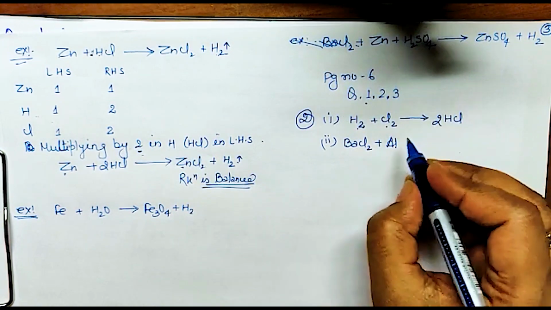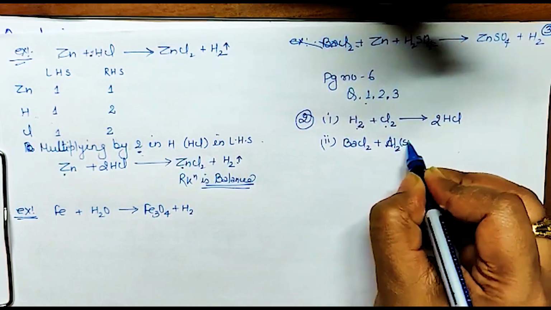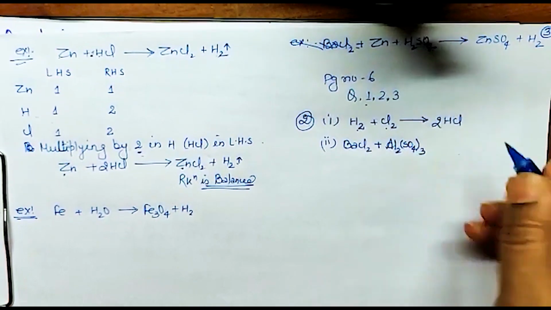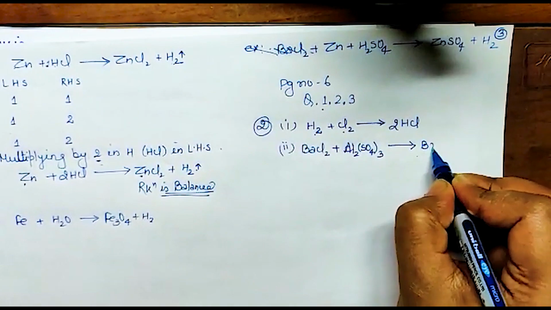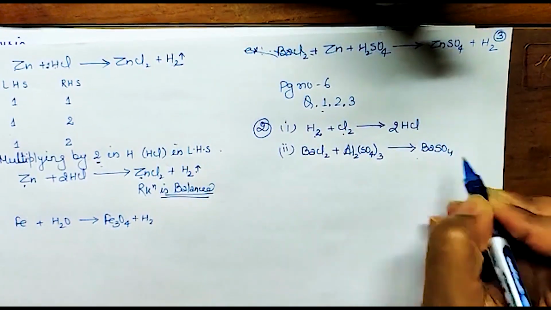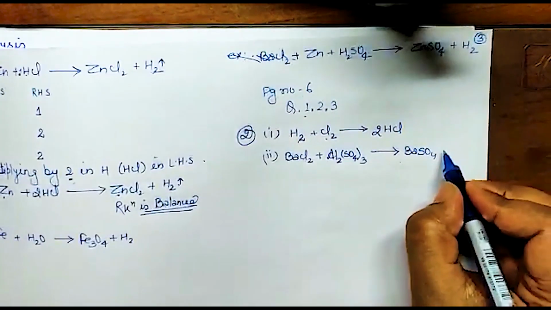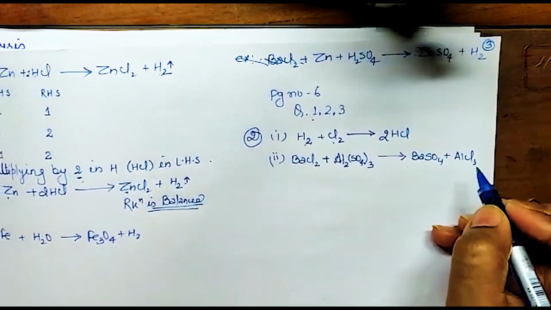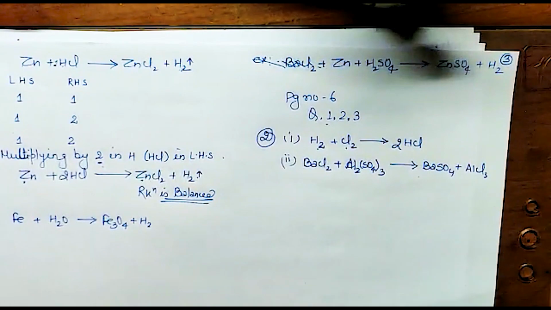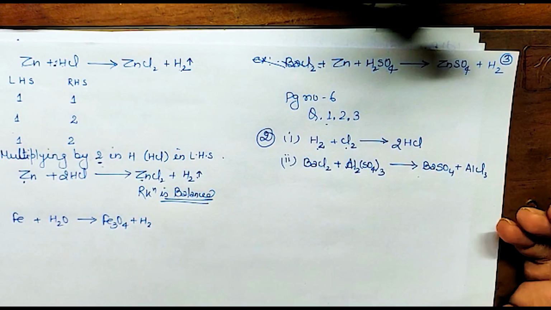Cross multiplication we can do, and this will be Al2(SO4)3. It will give barium sulfate BaSO4 plus aluminium chloride AlCl3.